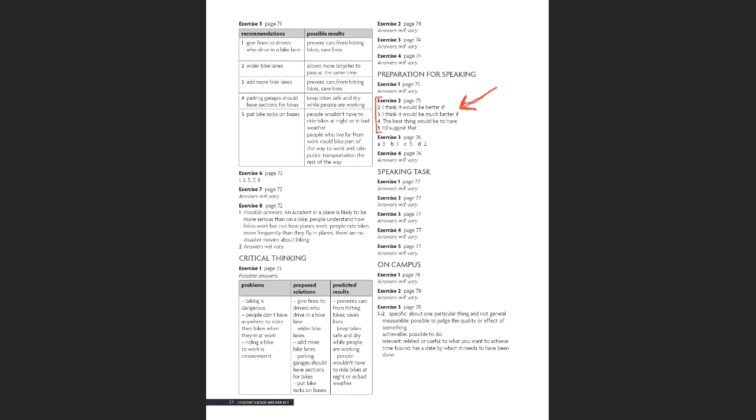And these are called introduction phrases. Okay, so that's what is the introduction phrase. And if you look at my red arrow on the screen, it says here what the answers are, on page 75.